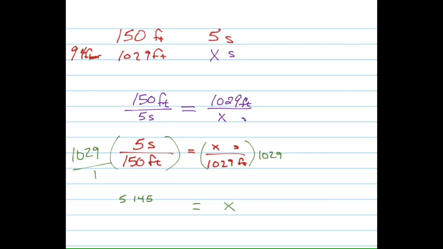So it'd be 5,145. What's on the bottom? 150. What do we get when we divide those? Go ahead and use your calculator to get a decimal answer. 34.3 seconds to get to the observation deck of the John Hancock Center in Chicago.